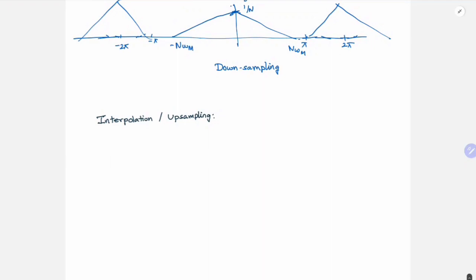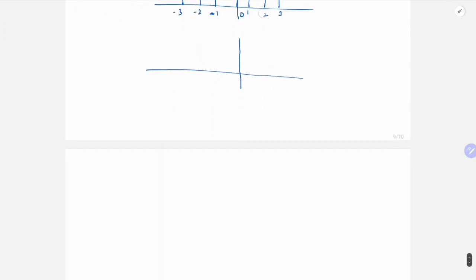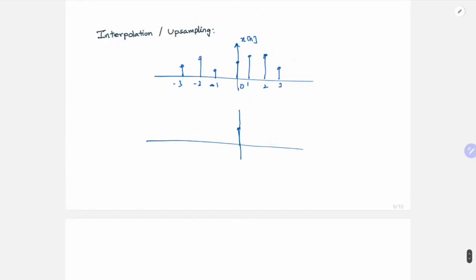So here what we do is we have x of n. So 0, 1, 2, 3, minus 1, minus 2, minus 3. Now we insert zeros in between them. We can insert n number of zeros, but for example's sake, I insert only 1 zero.